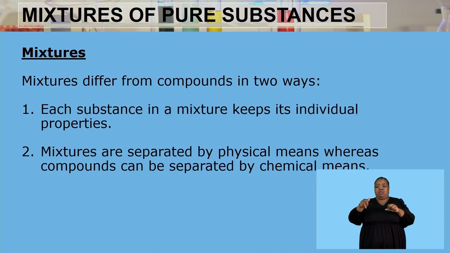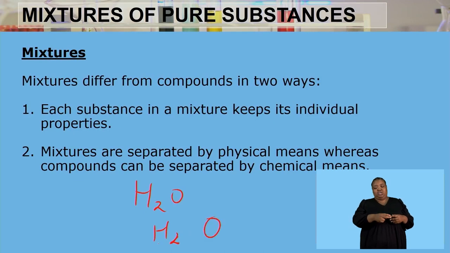So we can break the compound of H2O, for instance, into H2 and O. So for us to be able to break this compound into the element of hydrogen and the element of oxygen, we need to do some chemical reactions. So that's how mixtures and compounds are different.